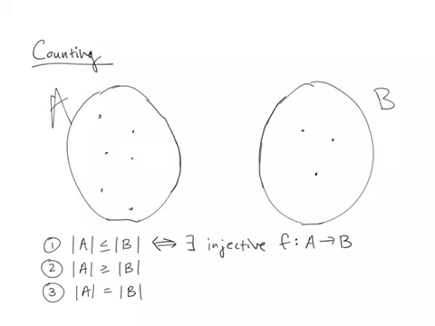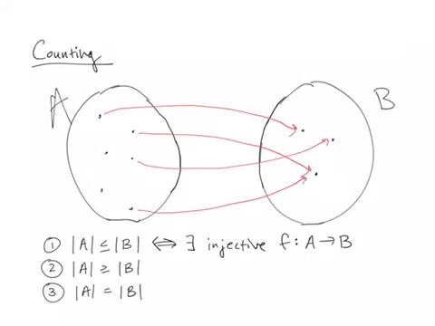If, on the other hand, the cardinality of A is greater than or equal to the cardinality of B, then when you do your pairing off, you're going to run out of things in B before you run out of things in A. So there's going to be leftover stuff in A. And if you wanted to pair those leftover things with things in B, then since things in B already got hit, that's going to necessarily assign two different things from A to the same output.